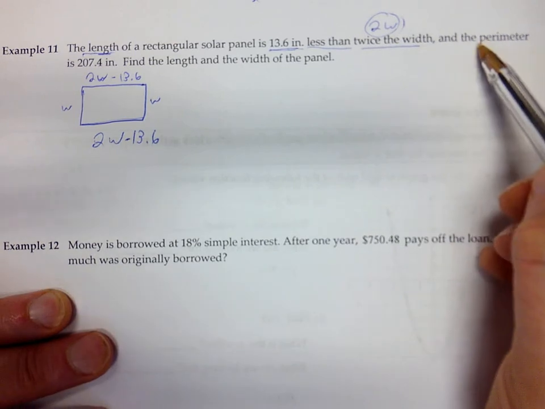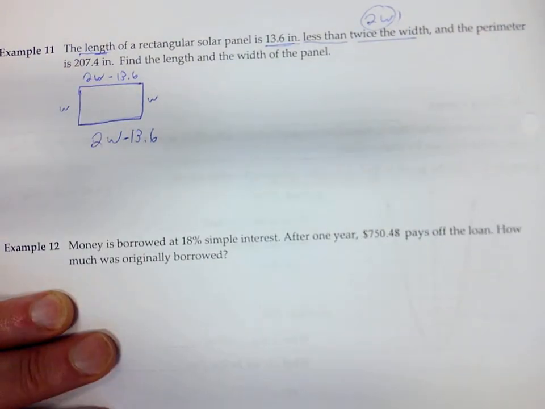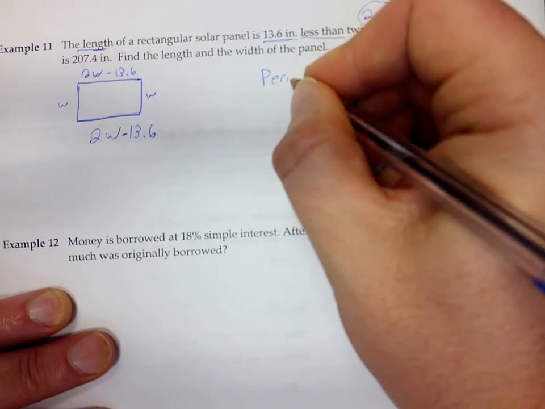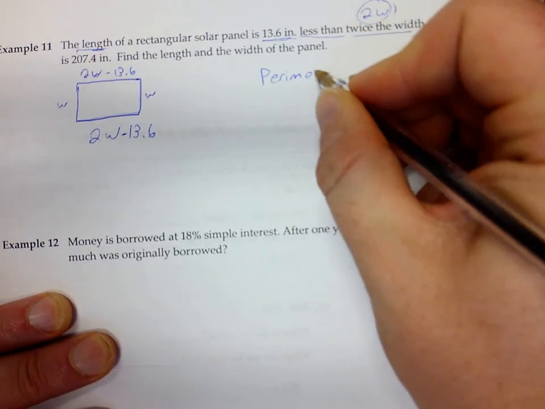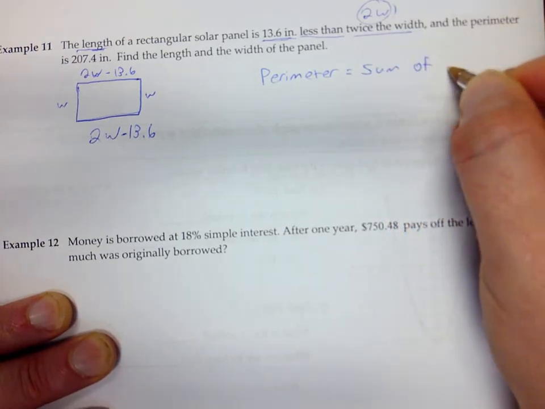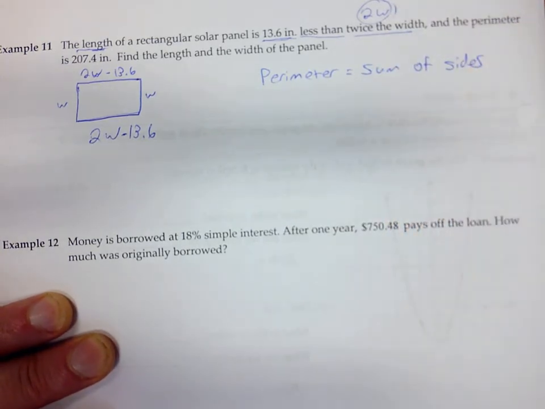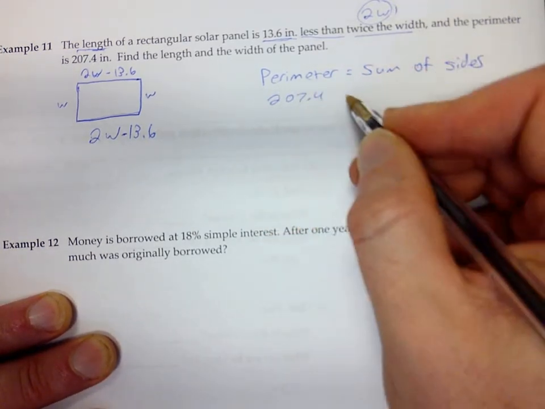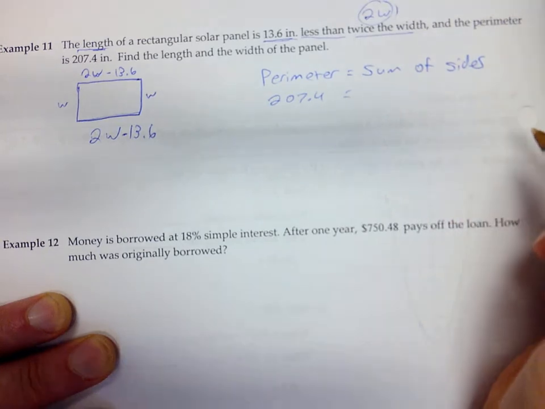What other information did they give us? They said the perimeter is 207.4. I know that the perimeter means sum of the sides. They've told me the perimeter is 207.4. So on the other side, I'm just going to sum up all these sides.